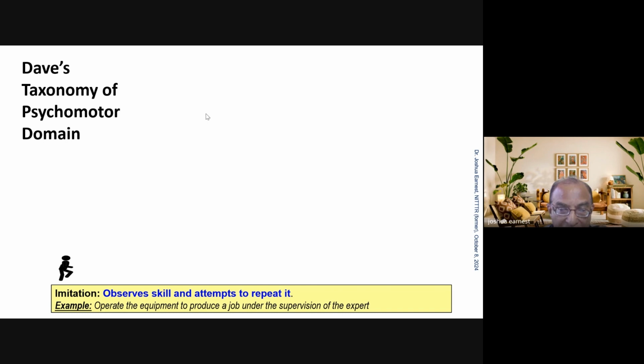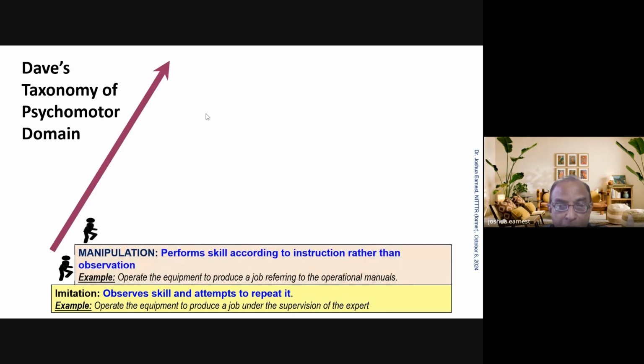The next stage, for example, is to operate the equipment to produce a job under the supervision of the expert. That means he will not do it independently. If he is able to do it independently, then the student is said to be at the manipulation level: performs the skill according to instruction rather than observation, operates the equipment to produce a job, referring to the operational skills.